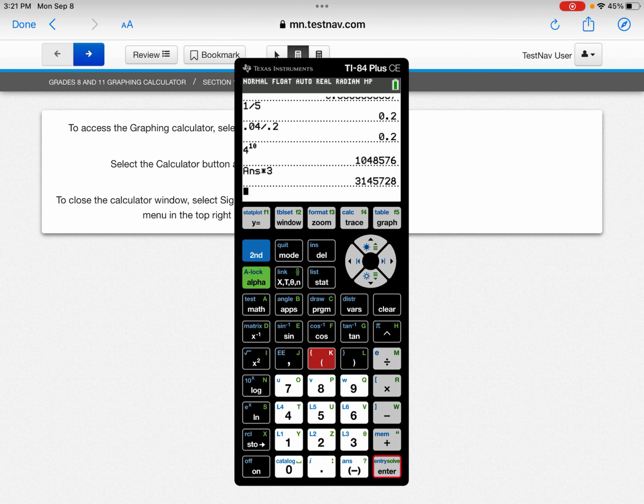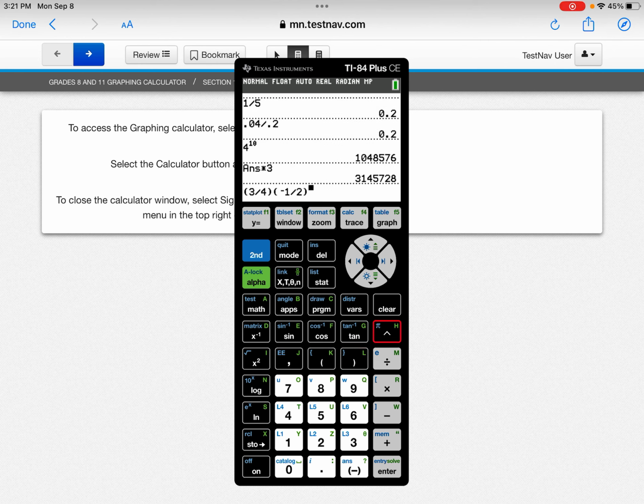So if you do fractions, it's a good idea to put them in parentheses. So 3/4 times negative 1/2 to the 9th power. Okay, so I get negative 0.00146.